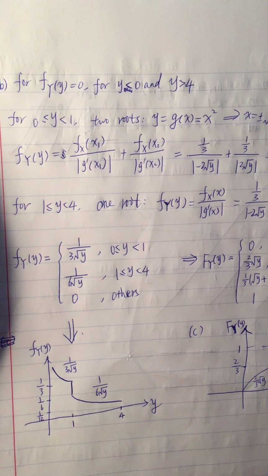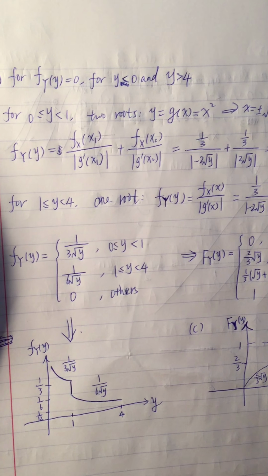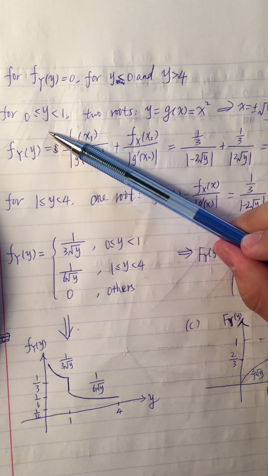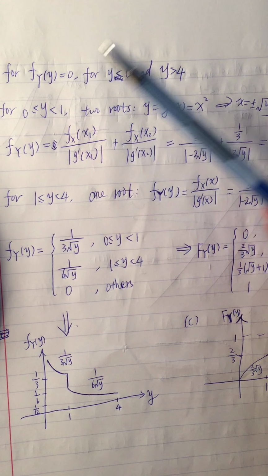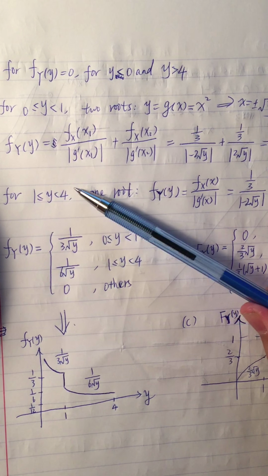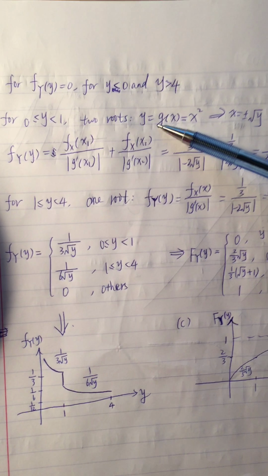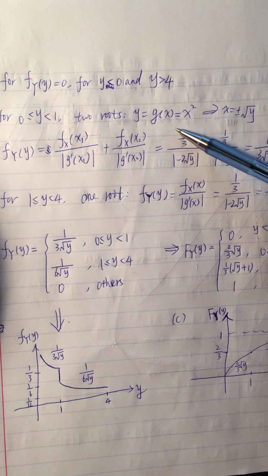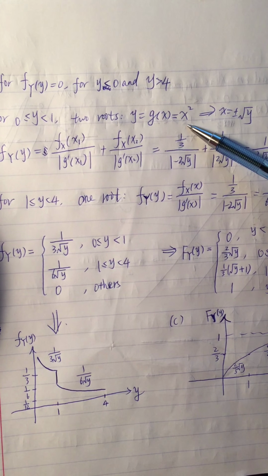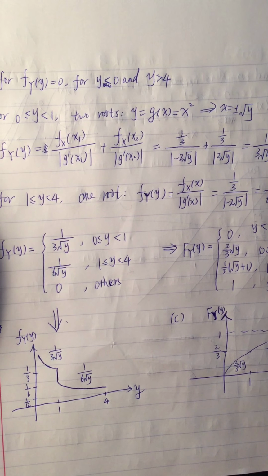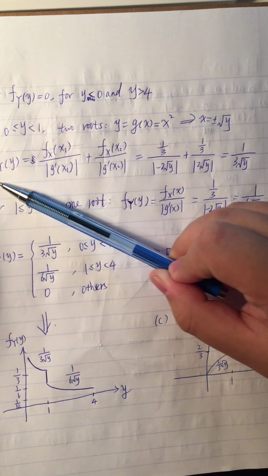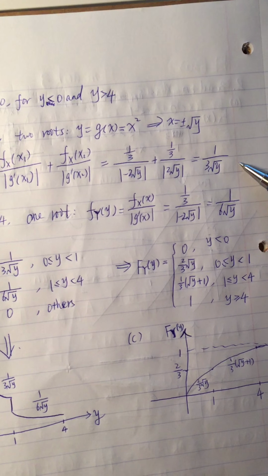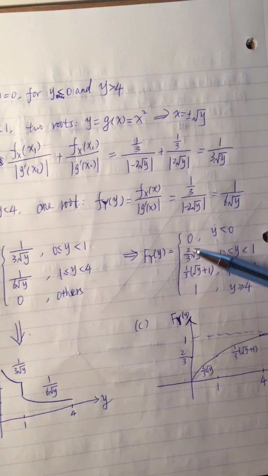We can divide this into two sections: y from 0 to 1, and y from 1 to 4. For 0 to 1, there are two roots for g(x) equal to x², and we can easily find that f_Y equals 1/3 times something.